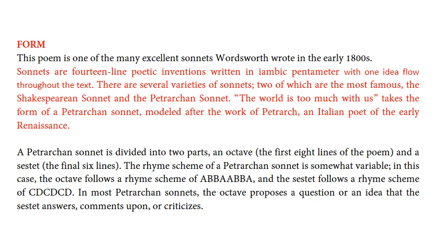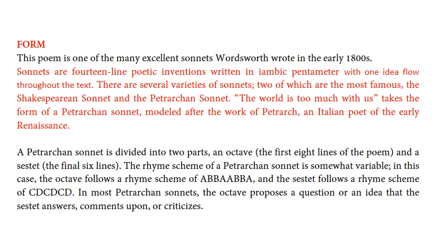Now we have to know what form the Petrarchan sonnet takes. A Petrarchan sonnet is divided into 2 parts: an octave, the first 8 lines of the poem, and a sestet. Octave means 8 lines. Sestet means 6 lines.